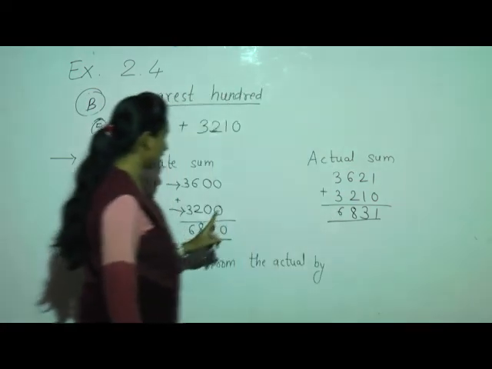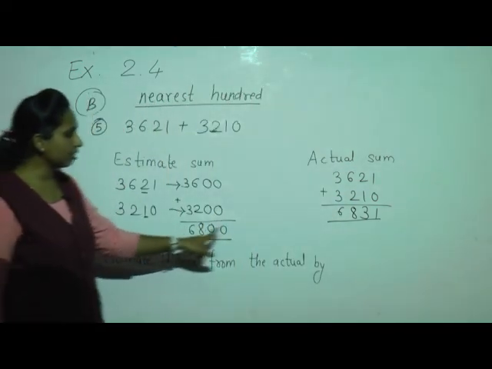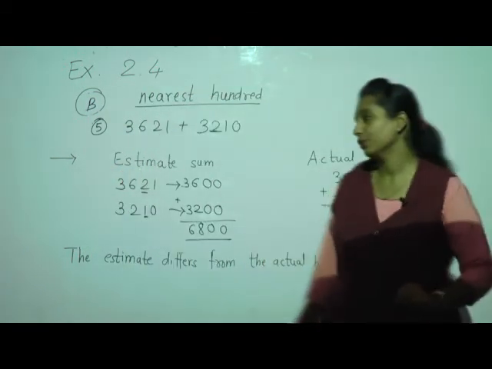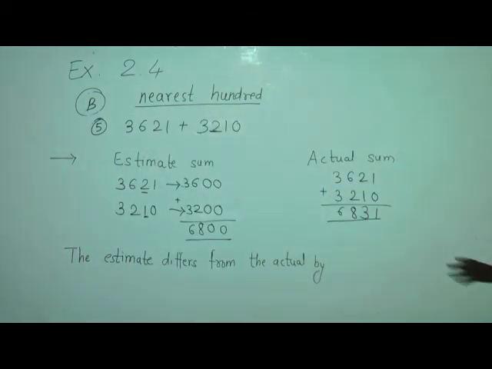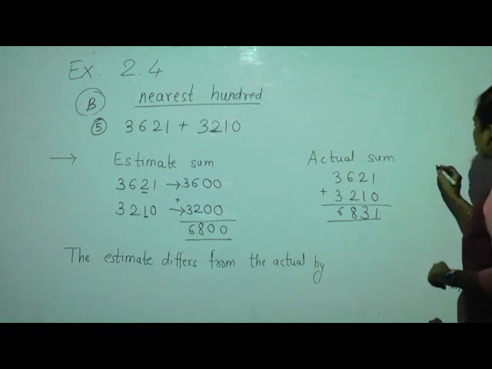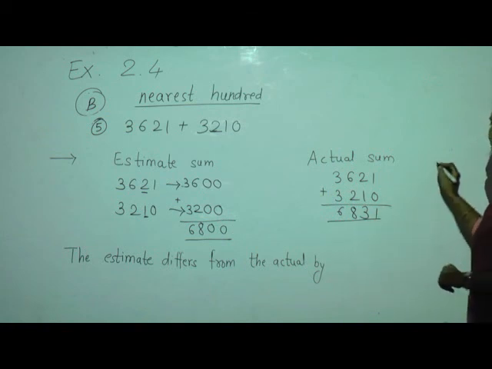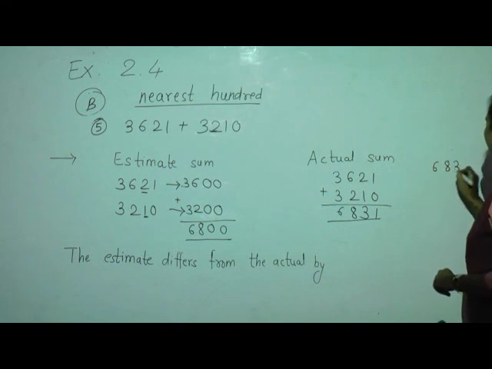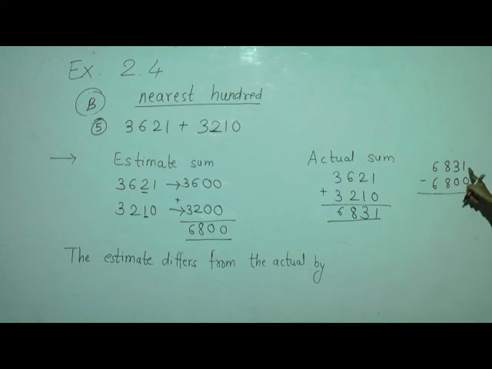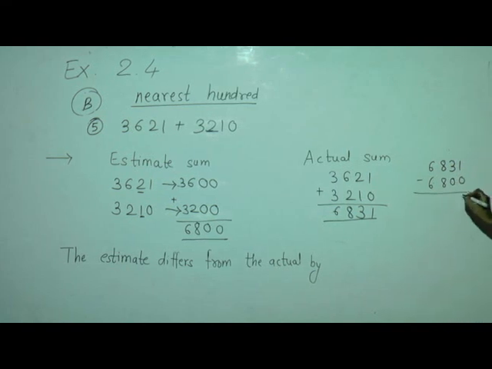Now see the numbers. 6,800, 6,831. Now we have to find out the difference between both the numbers, the estimated sum and the actual sum. So which is greater? This one is greater. 6,831 minus 6,800. Now 1 minus 0, 1.